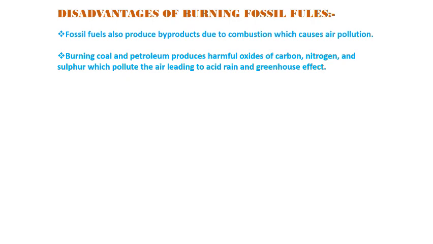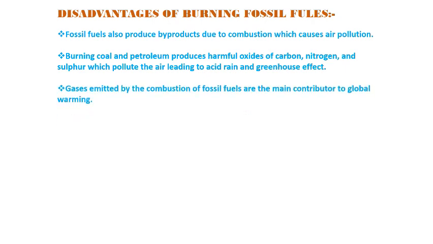Means it actually takes part in the greenhouse effect as well as affects our environment by producing different types of gas: carbon dioxide, nitrogen dioxide, nitric acid, sulfuric acid, etc. Next is, gases emitted by the combustion of fossil fuel are the main contributors to global warming.